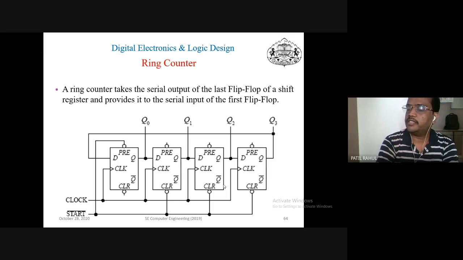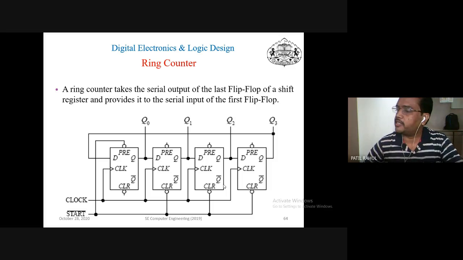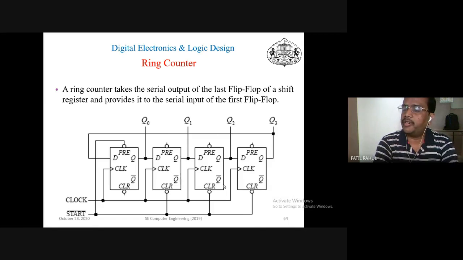If you concern the ring counter, the first point comes here: this is the application of shift register. And how is it constructed?